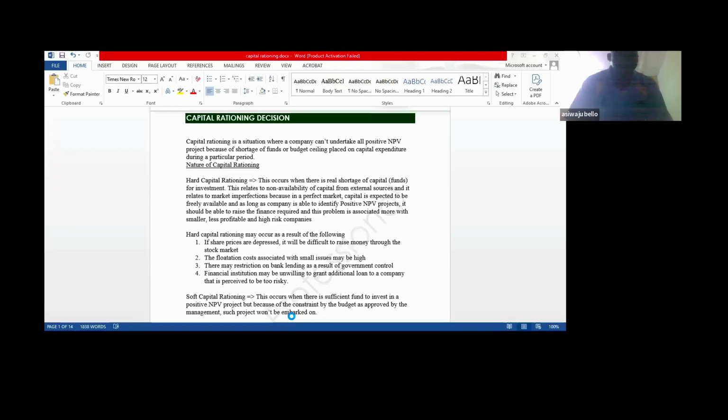Because in a perfect market, capital is expected to be freely available, and as long as a company is able to identify viable projects.